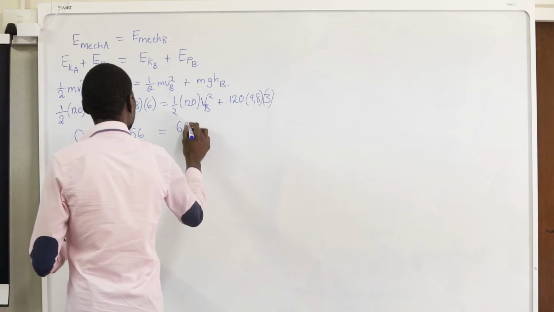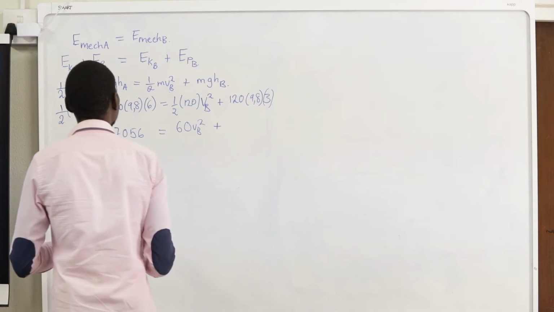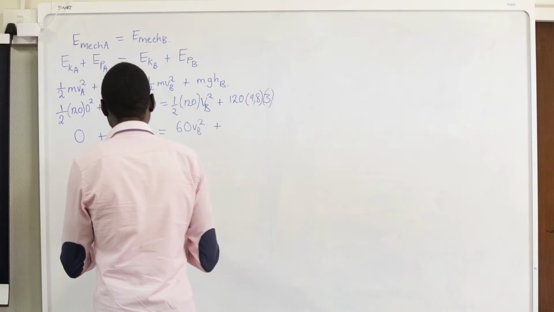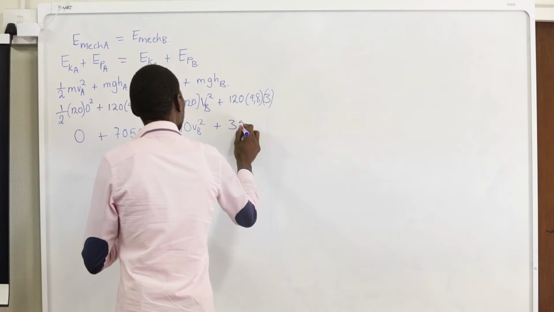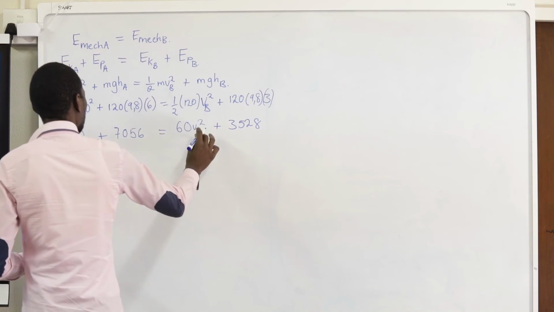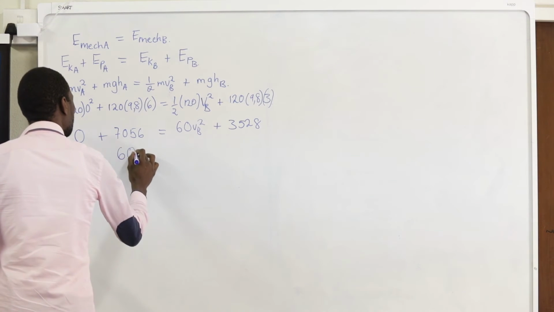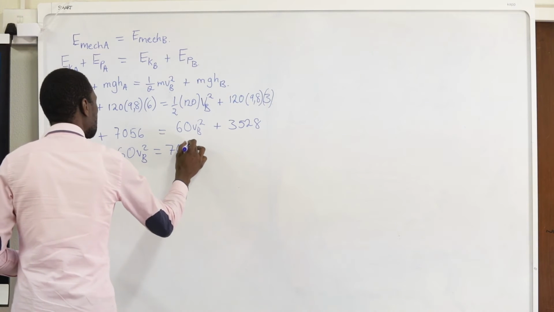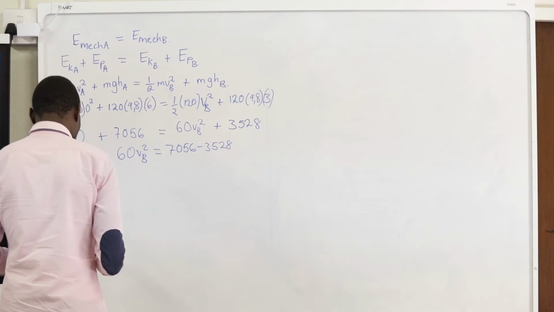Half, that's 60 VB squared, plus 120 times 9.8 times 3, that will be divided by 2, 3,528. Okay, now what does that mean? It means that 60 VB squared is equal to 7,056 less 3,528.